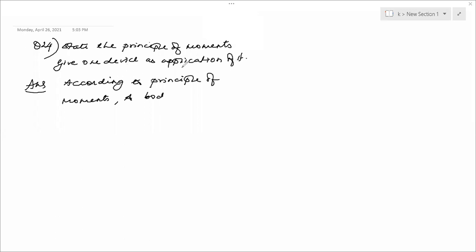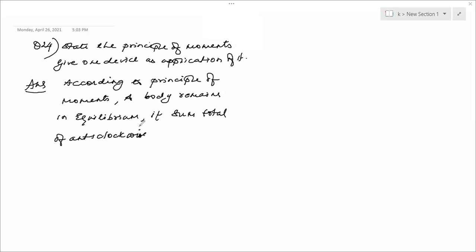According to the principle of moments, a body remains in equilibrium if the sum total of anticlockwise moments is equal to the sum total of clockwise moments.